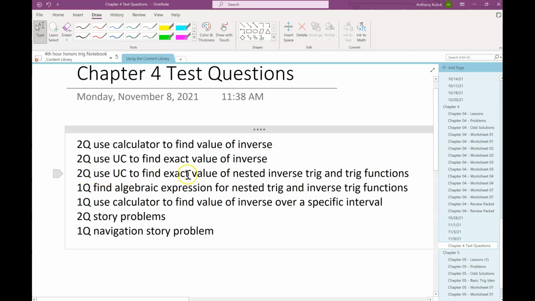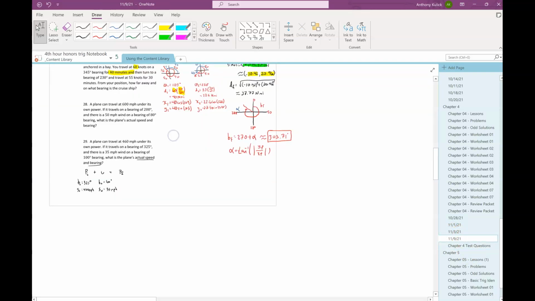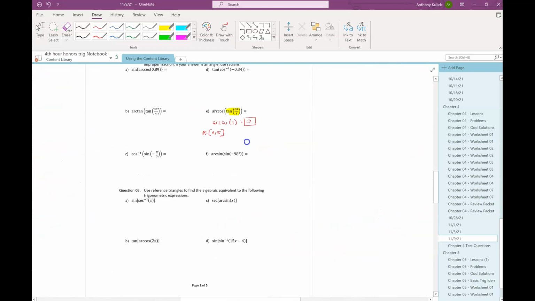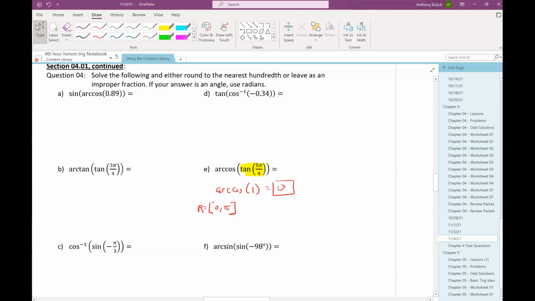2 questions using the unit circle to find the exact value of a nested inverse trig and trig function. This was also something we looked at on the review. It's like these problems here, where you have an inverse inside of a trig function or a trig function inside of an inverse.